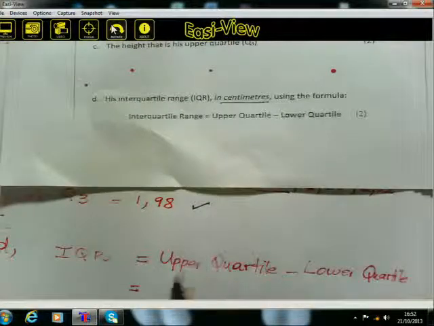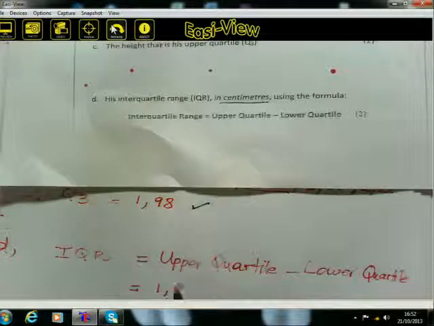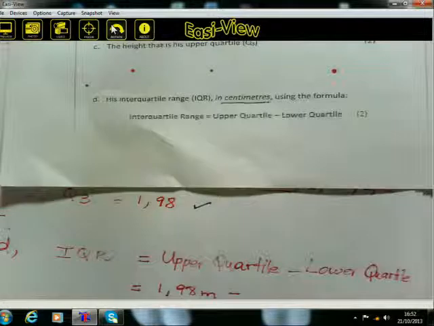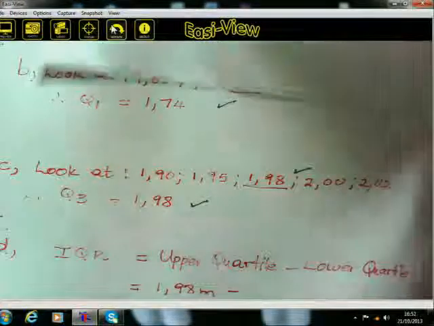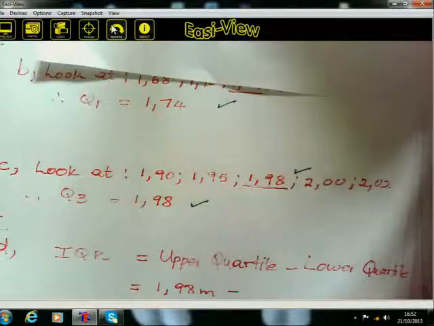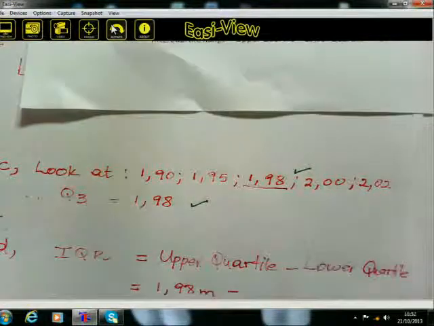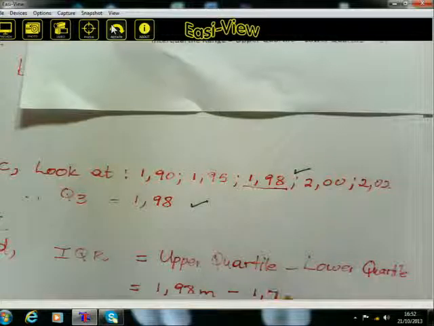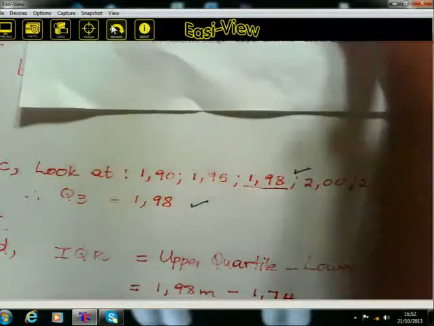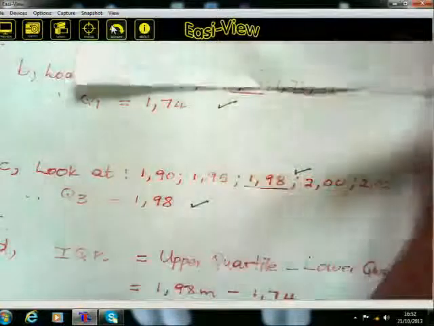Your upper quartile will be 1,98 in meters, minus your lower quartile, which will be 1,74. Remember, units here are very important because you had to convert from meters to centimeters. 1,74. Is that right? You can check it again.